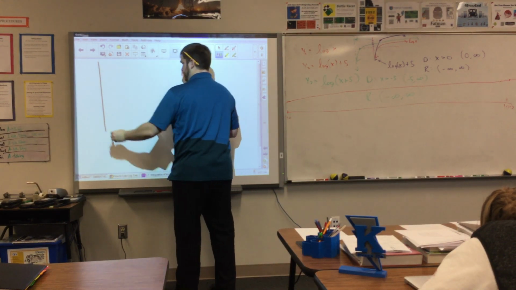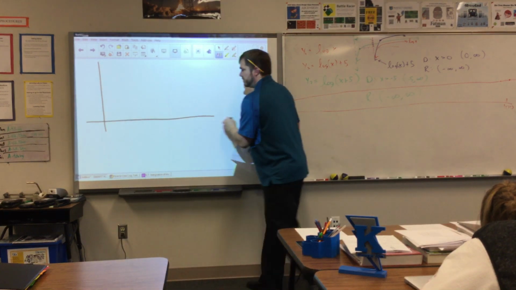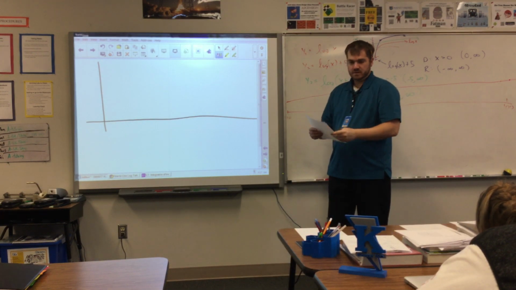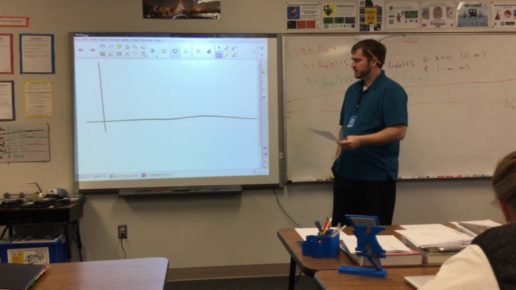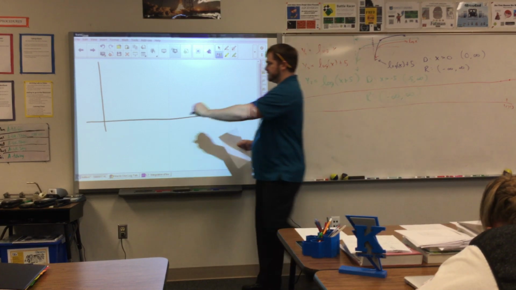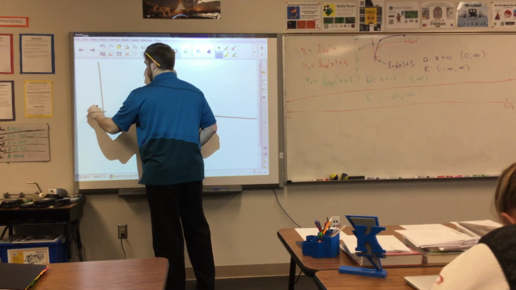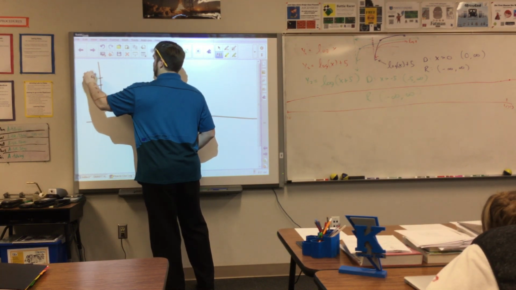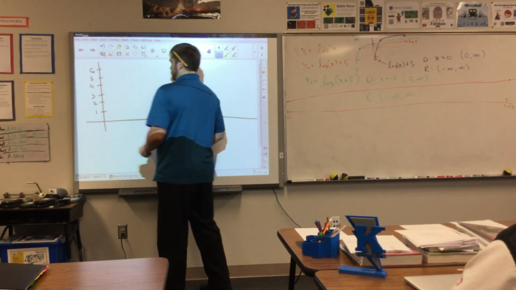So, just a regular graph. But what I'm going to do on this x-axis, so that the y-axis, normal, 1, 2, 3, 4, 5, 6.